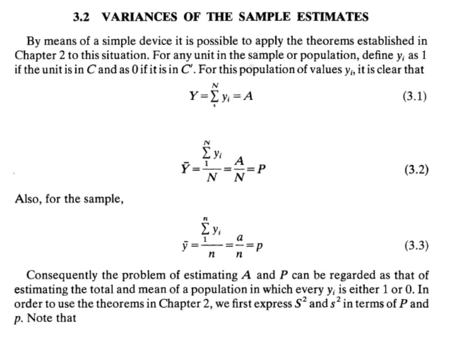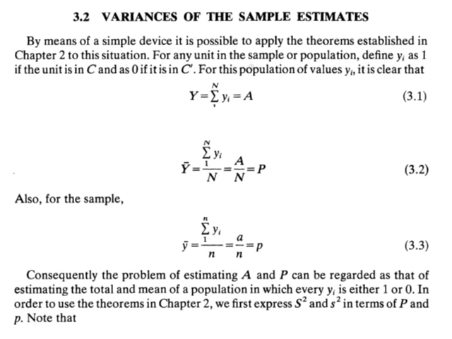For the population, it is clear that capital Y equals the summation of yi from 1 up to N, which is equal to capital A, and hence y bar equals the summation of yi over capital N, which is equal to capital A over capital N equal to P. Also for the sample, y bar equals the summation of small yi over small n, which is equal to small a over small n equal to small p.